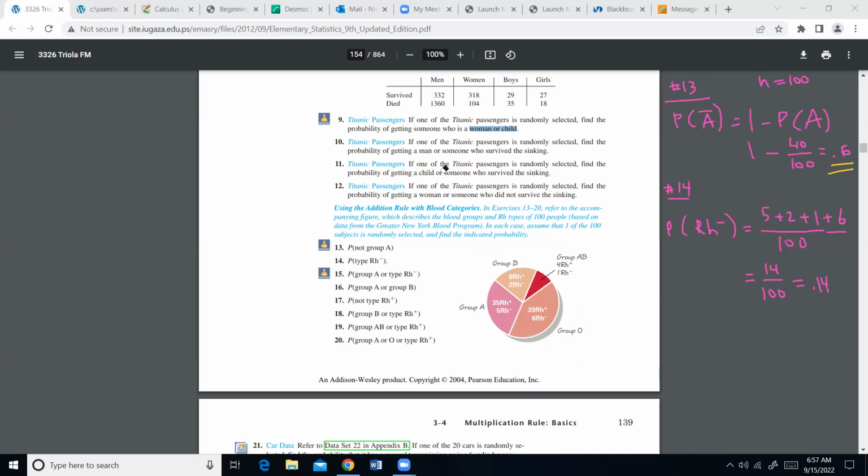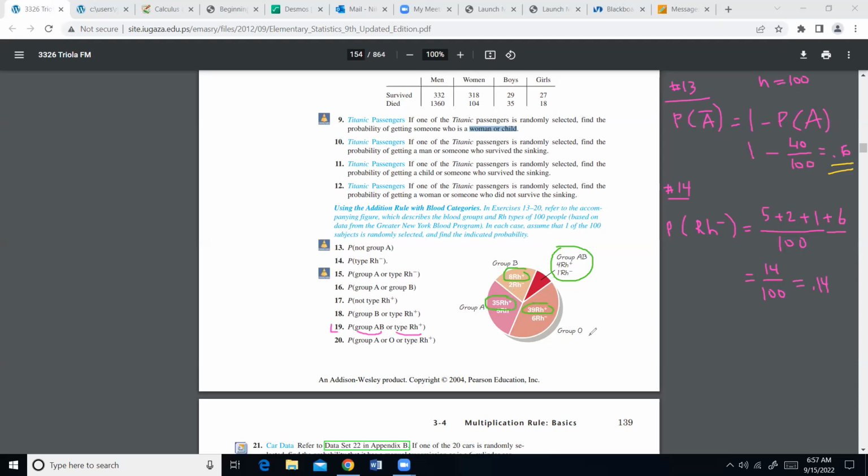So let's try one more, like problem number 19, that says one or the other, group AB or RH plus. Okay, so it looks like I need to get a group AB, which is here, right? Or RH plus. So now I need these RH pluses to pull out from every other group.